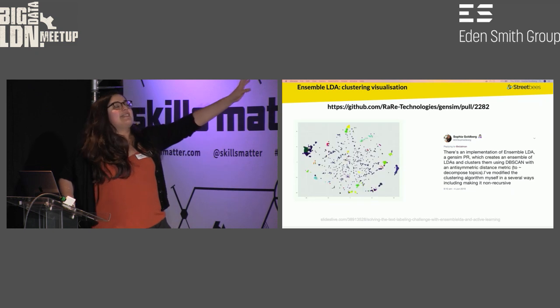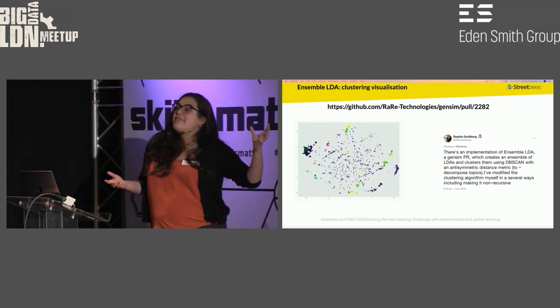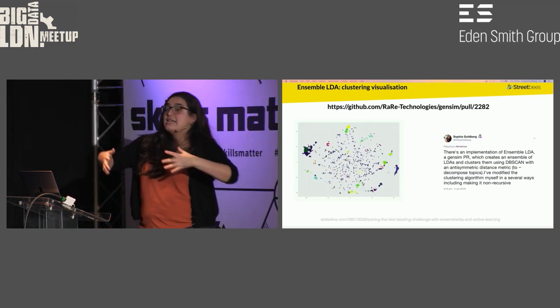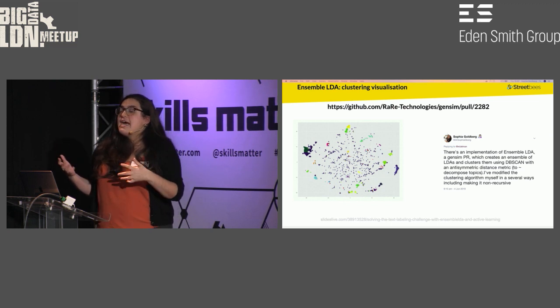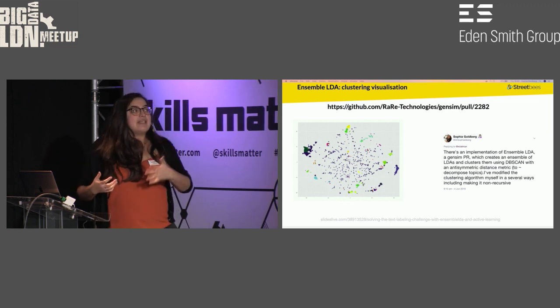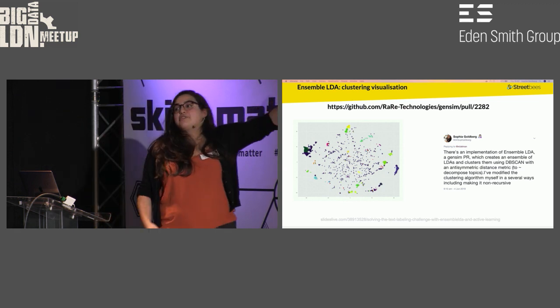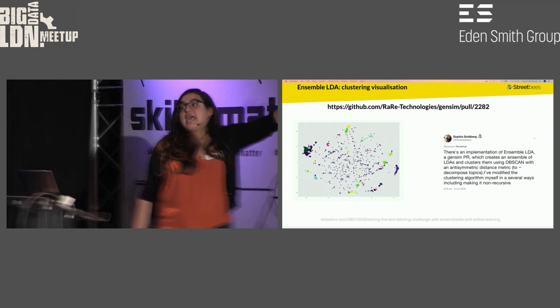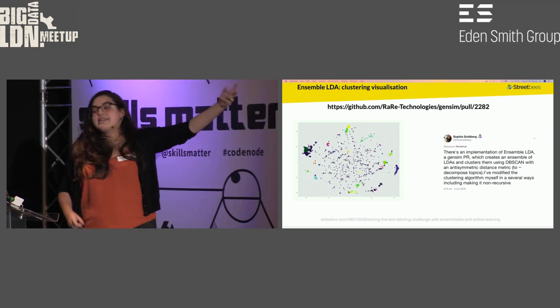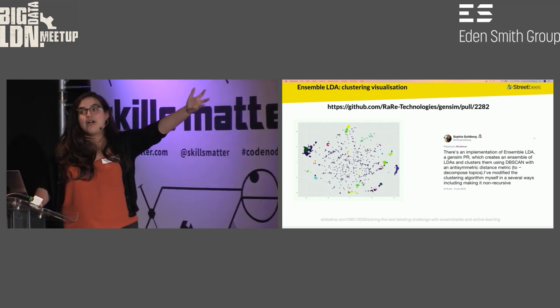And the idea is that if you ran that topic modeling algorithm, say you had 10 topics, and you ran it like 100 times, and then you dimensionality reduced that data, and you're just visualizing every single topic, you can see there are prevalent topics that come out time and time again.